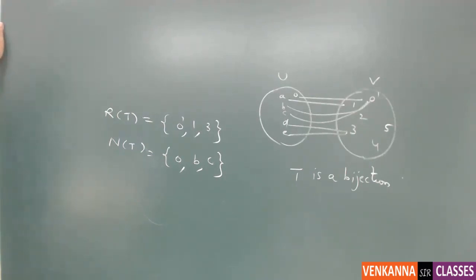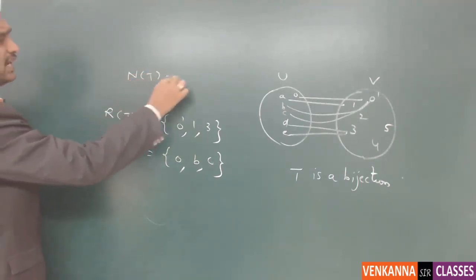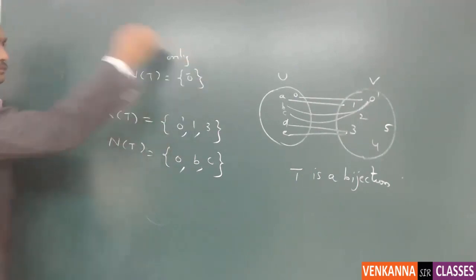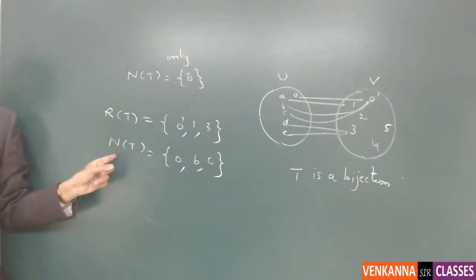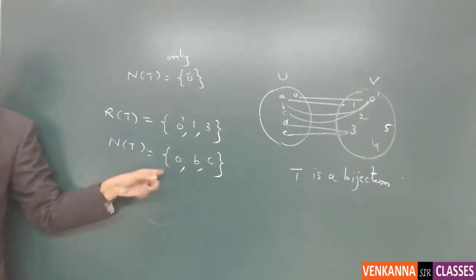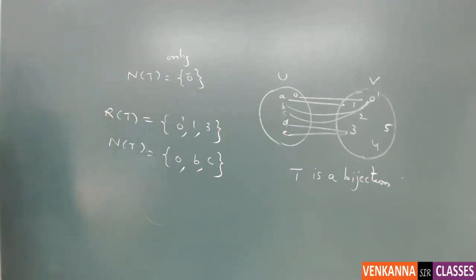The definition of non-singular is that N of T contains the 0 vector only. So here N of T contains 0 and other vectors also. If N of T contains 0 only, then it is called non-singular, then it is invertible.